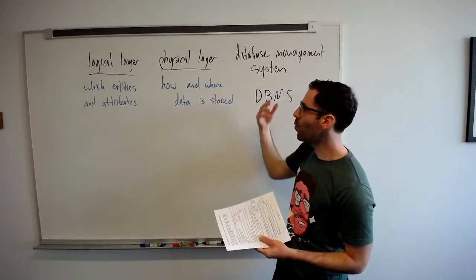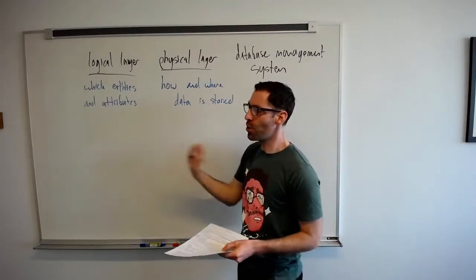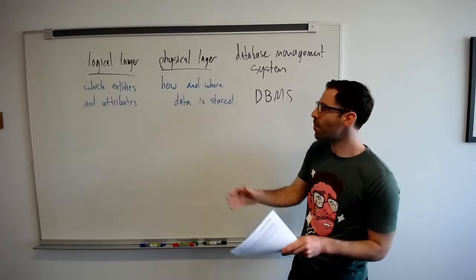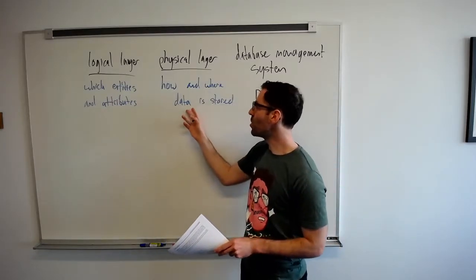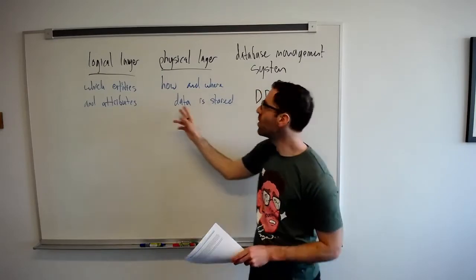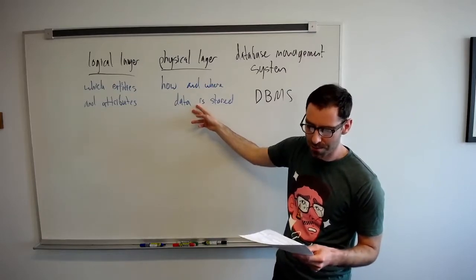And when you deployed a database system, you had to know ahead of time, or you're only going to be able to support a specific set of operations because you were limited. The logical things that you could do were limited by the details of the physical layer.